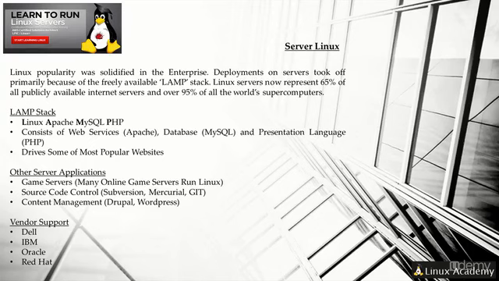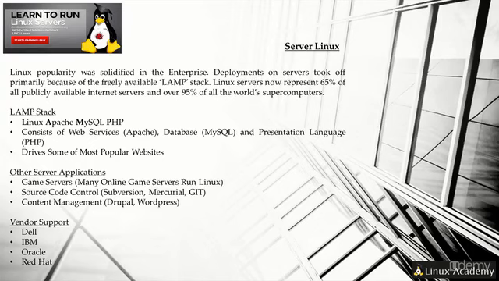Some other server applications that you'll typically find in Linux are game servers. Online game servers run Linux code. For example, the game Conan Online happens to run Linux on its back-end servers. You'll also find content management as well as source code control runs on Linux servers and services like Drupal, WordPress, and then for source control, Subversion, Mercurial, Git.